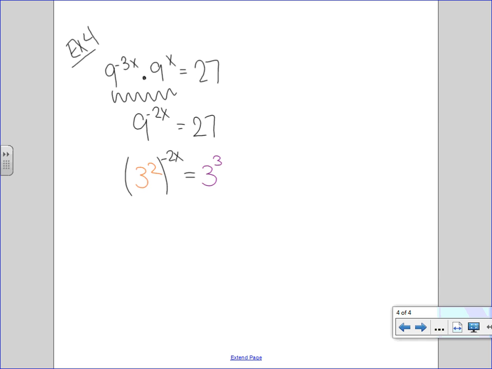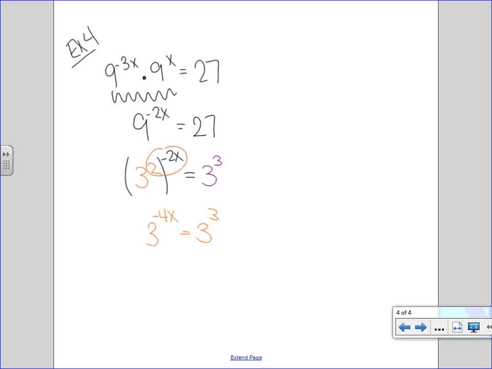Now, we're almost in business because now we have the same base on both sides. We rewrote this equation so both sides have a base of 3. But I do have one itty-bitty piece of work. I have a power raised to a power, so I multiply those exponents. So this is really 3 to the negative 4x is equal to 3 to the third.